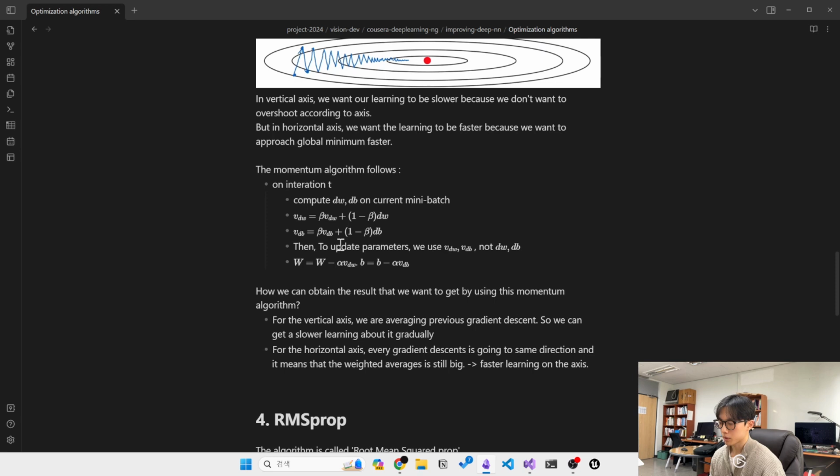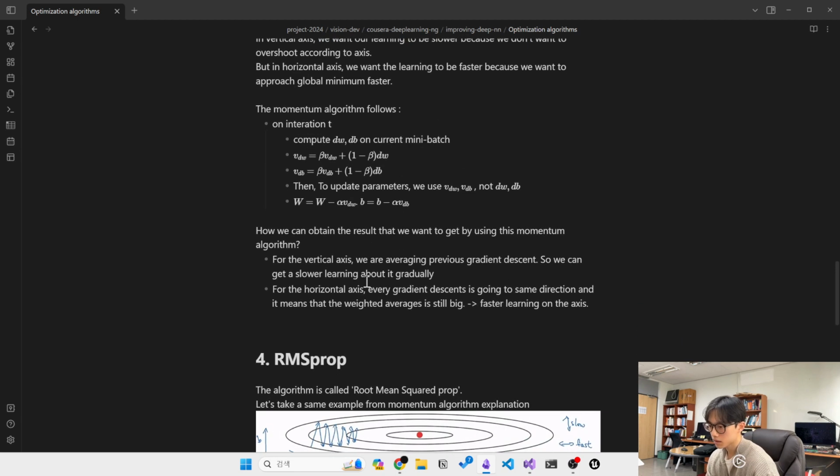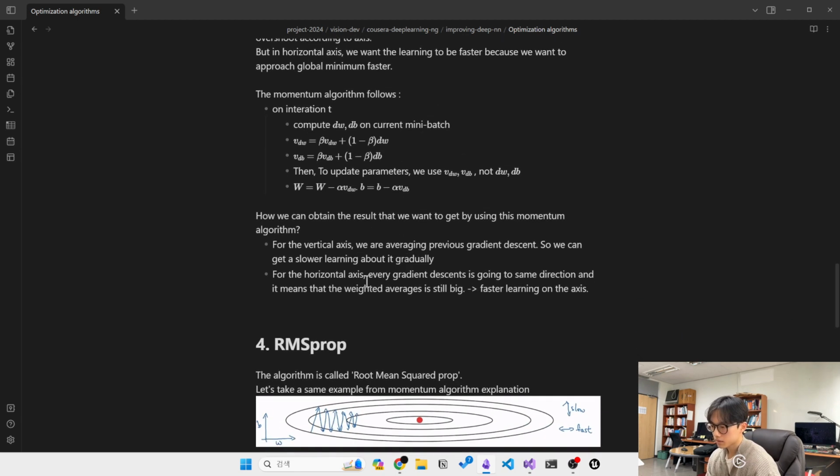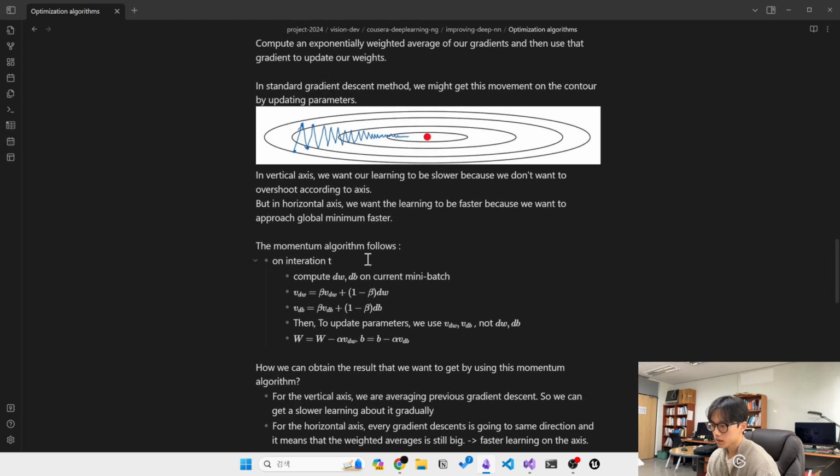To update parameters, we don't use the dW and db we used before, but instead use v dW and v db to update our parameters, because these are derived from weighted averages.